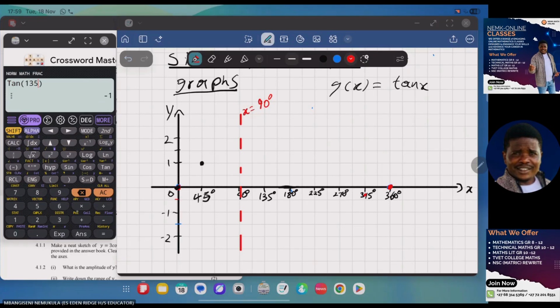135, we get -1. So we make a dot at -1, 135 and -1 there. And then 180, 0, then you make a dot there. And then 225, that is +1. 270.